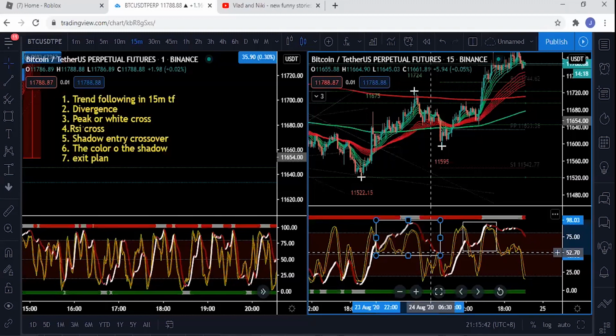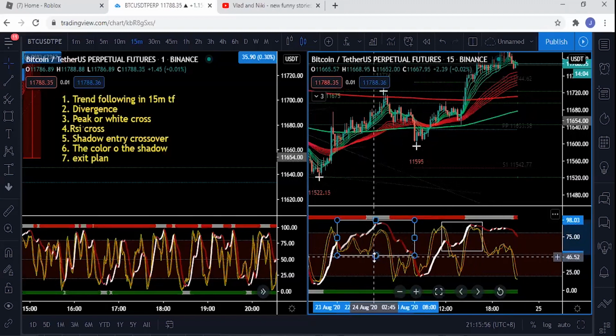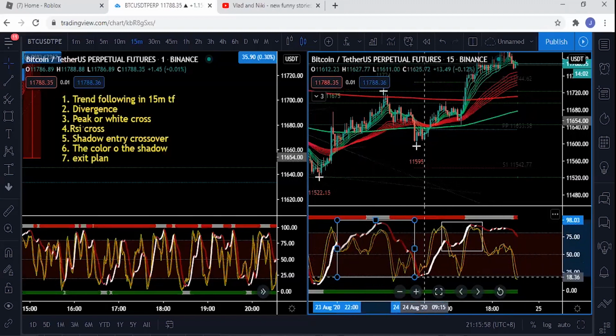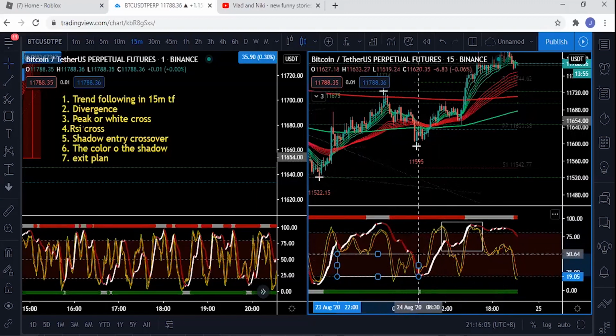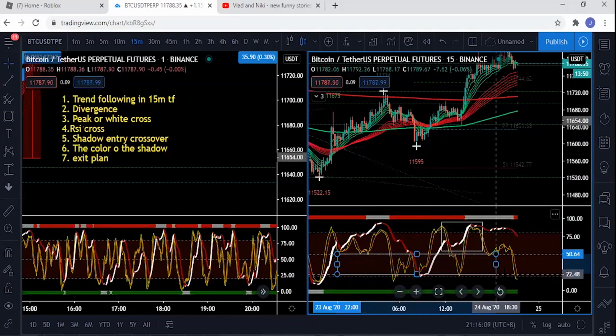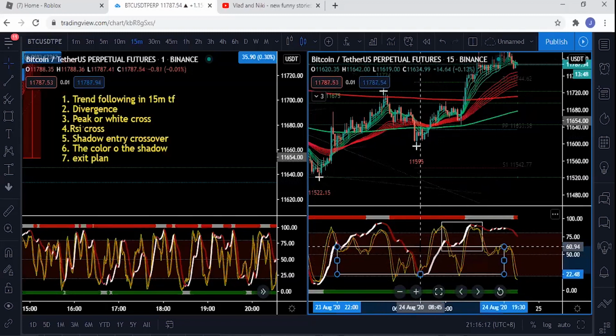And then you check from time to time the direction of our shadow. It is pointing down, so it is going to go down. So what happened here? It went down below 50 RSI, meaning the trend is bearish from this scenario. It is bearish now. So that is how to determine when the 15 minutes time frame is already changing.